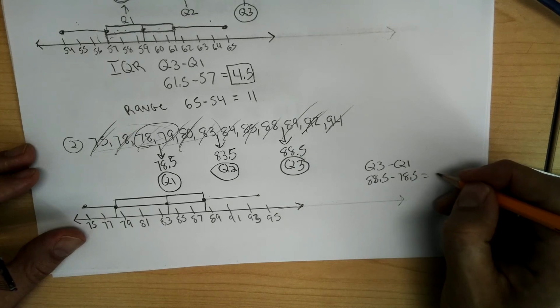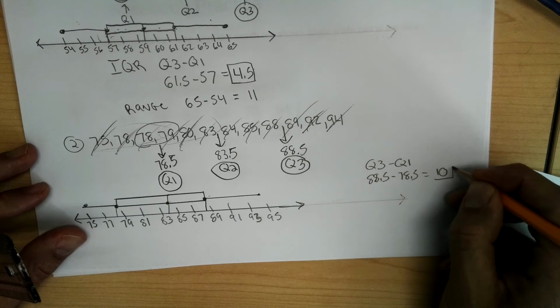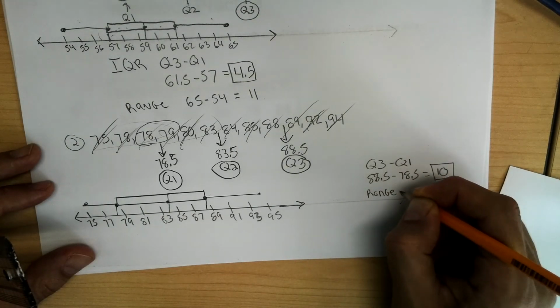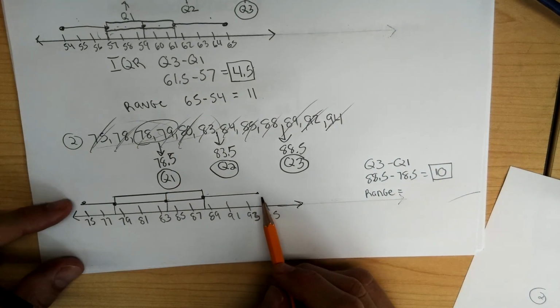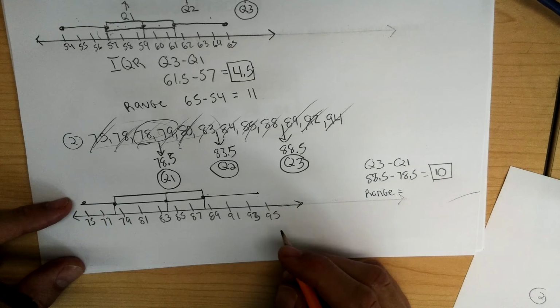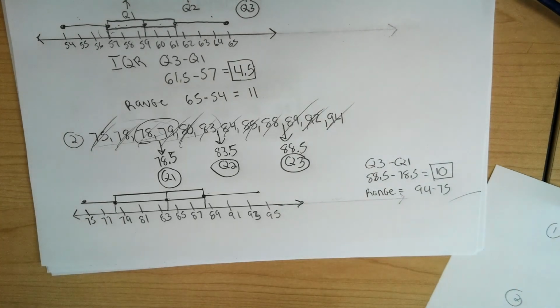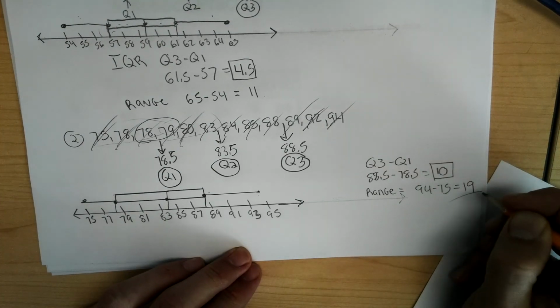So my interquartile range, the inside range of the boxes, is 10. For the range of my overall data, it's 94 minus 75. My overall range is 19.